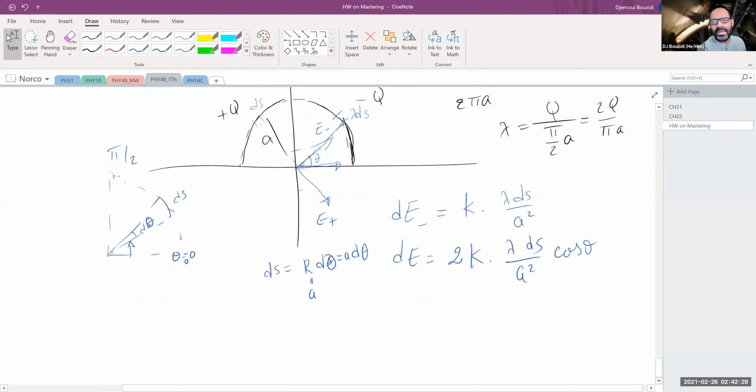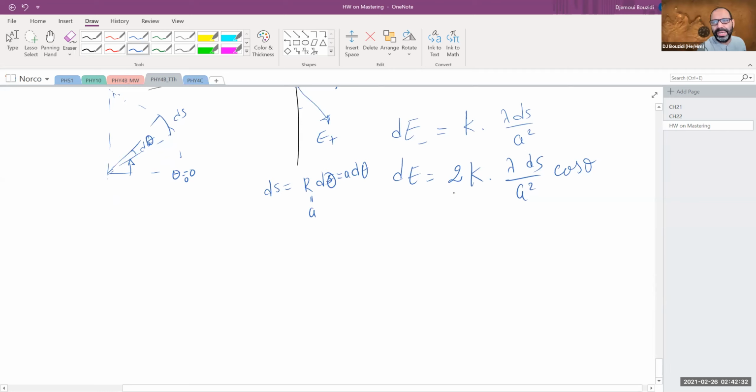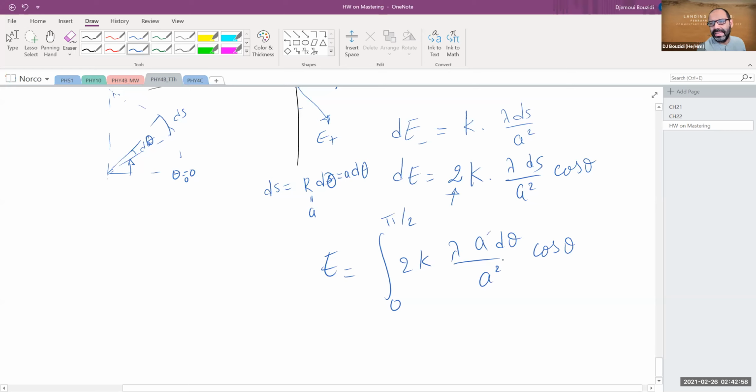So that's basically the setup for the problem. And I put the 2 in here because I already did the second part by symmetry. So I'm just going to integrate one of the integrals and get the other one by symmetry. So E in this case is going to be the integral of 2k times lambda times ds, which is a d theta, divided by a squared, times cosine theta, with the boundaries of integration from 0 to pi over 2, and the a cancels one a, and now we're in business.